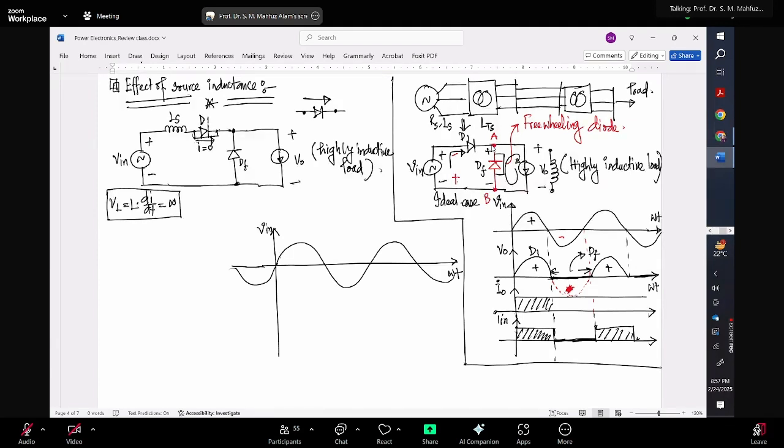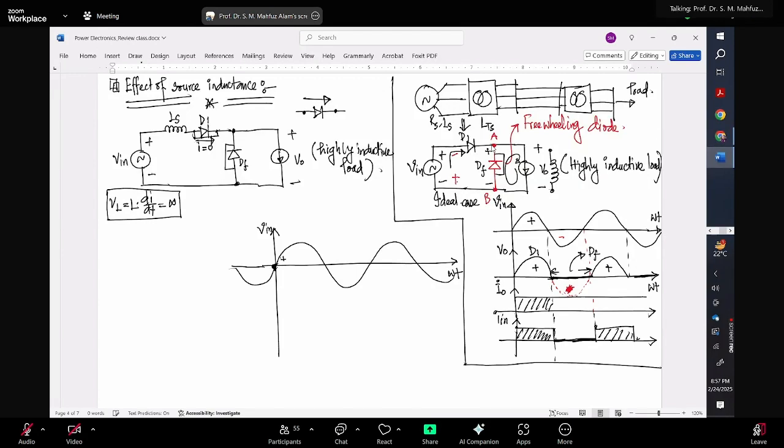This diode is turned on for the positive half cycle since it is changing its polarity, and during the negative half cycle, this freewheeling diode was operating, at least up to this point.